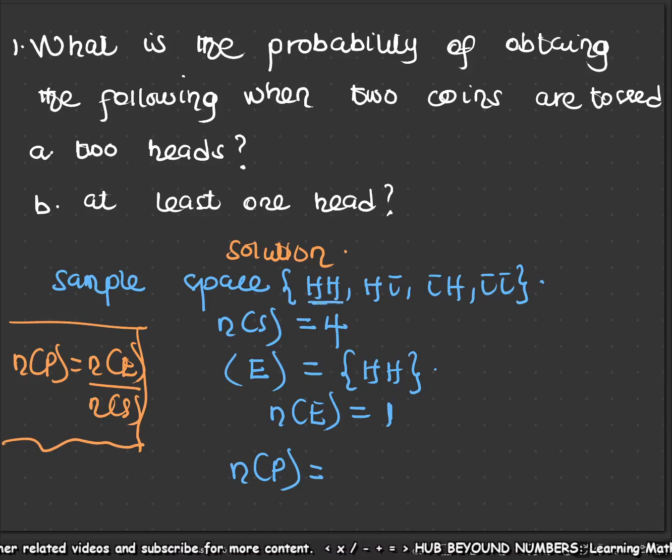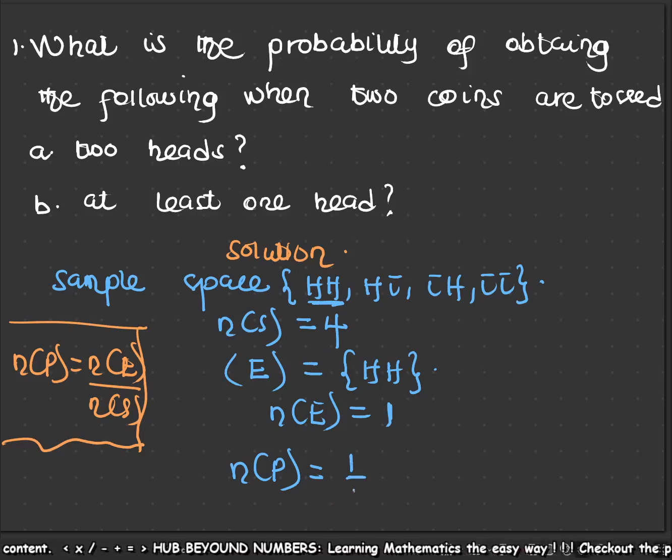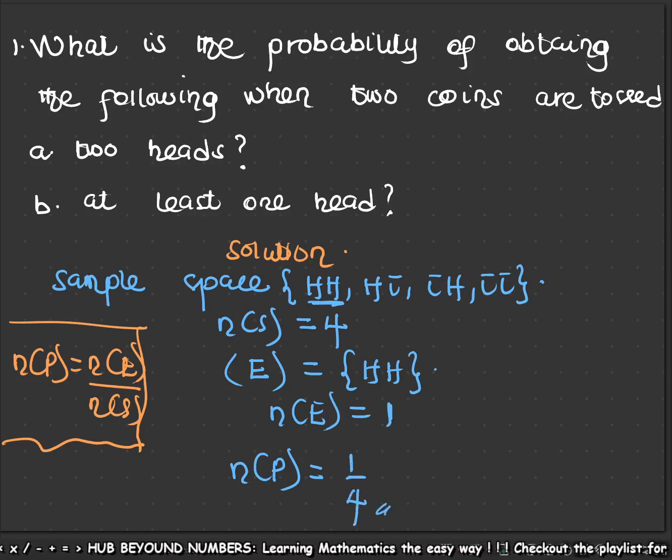It is just 1 we have in the sample space. So 1 all over how many elements do we have in the sample space? 4. So that is 1 over 4. And that is just it. Hence, the probability of obtaining two heads is 1 over 4.